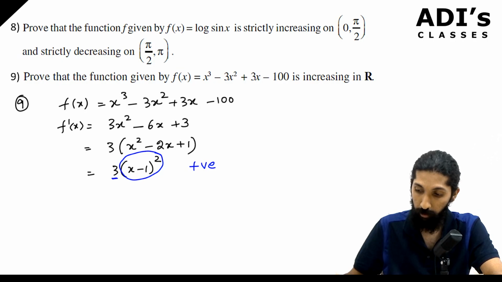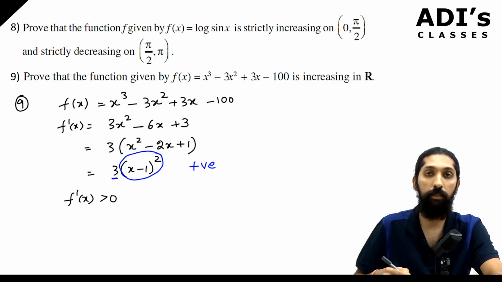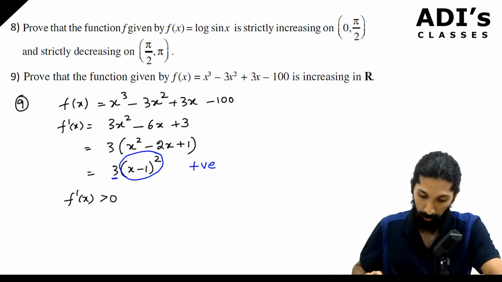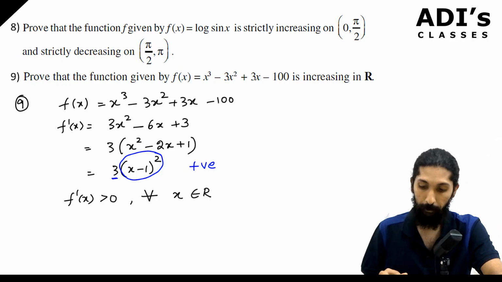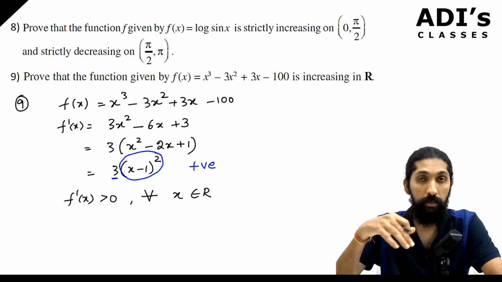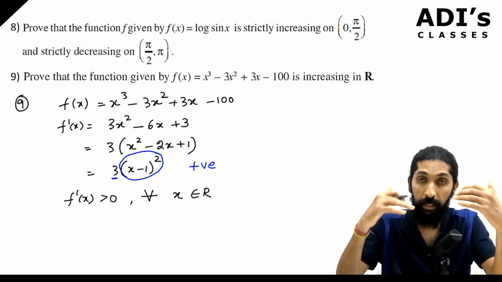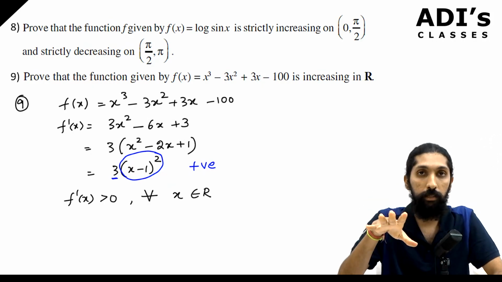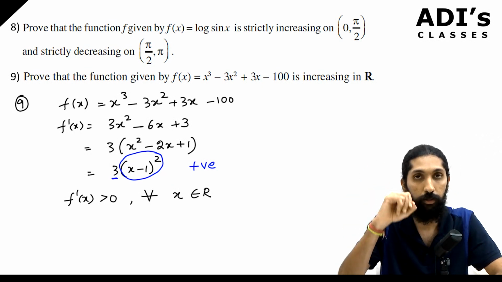That means f dash of x is always greater than 0, irrespective of what the value of x is, right? So f dash of x is greater than 0 for all x belonging to R. Correct? So since it is always positive, f of x is always increasing in the set of real numbers. Alright. Now these are certain problems we have discussed based on increasing and decreasing functions.